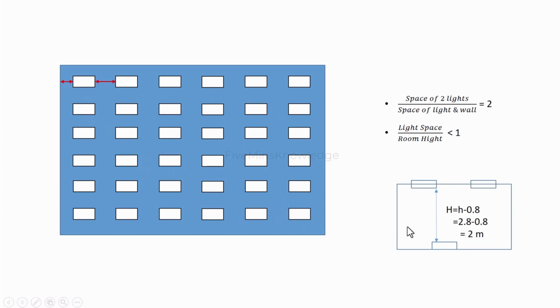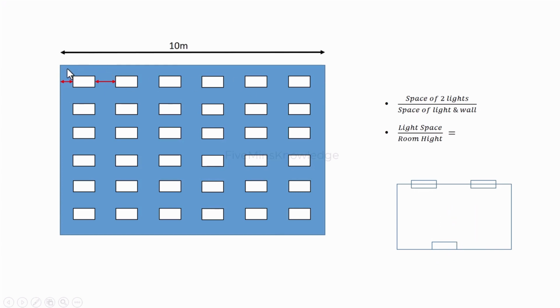So here the h is 2 meter, as the room height was 2.8 meter and this is 0.8, so the h is 2 meter. Suppose we know that room length is 10 meter and we have 6 lights, 1 2 3 4 5 6, so 10 by 6 is 1.68, so this gap is 1.68, and we have 1 2 3 4 5 gaps, so 8.4.